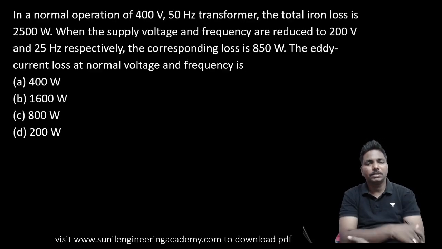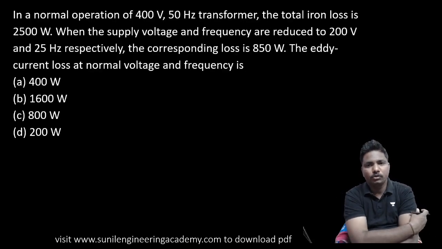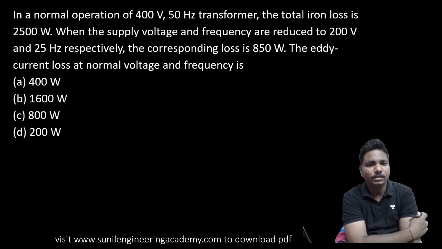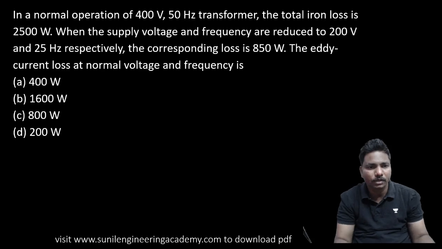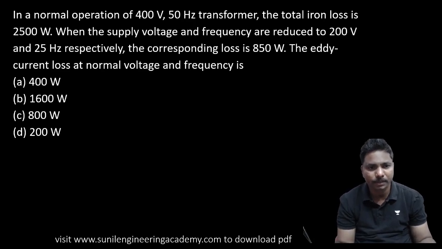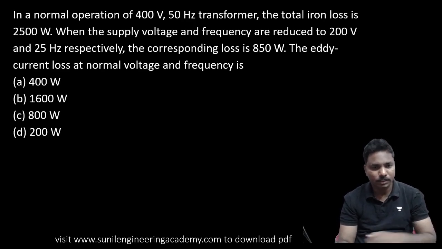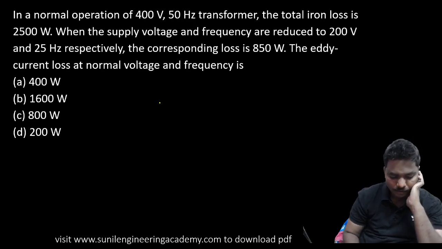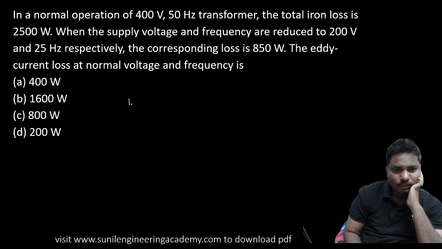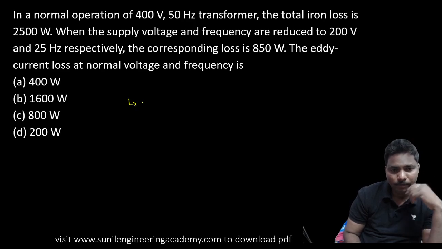In normal operation of a 400 volt 50 Hz transformer, the total iron losses are 2500. The supply voltage and frequency are reduced to 200 volts and 25 Hz respectively. The corresponding loss is 850. The eddy current losses at normal voltage and frequency are dash. So whenever they are asking eddy current or hysteresis, whatever it may be, we have to check whether the V by F ratio is constant or not.